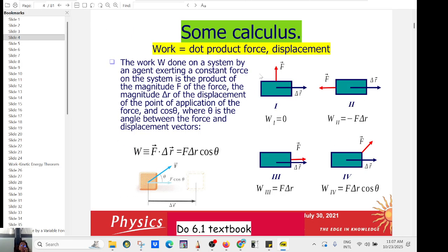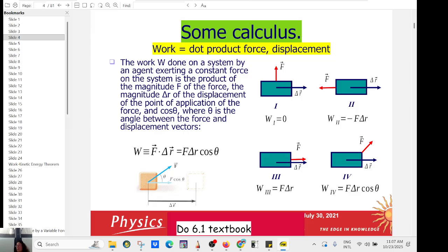Okay, so how are we going to apply that to physics? Let's say something is moving in this direction and there's a force perpendicular to the displacement. What's the dot product? They are perpendicular to each other. Cosine 90 is 0.